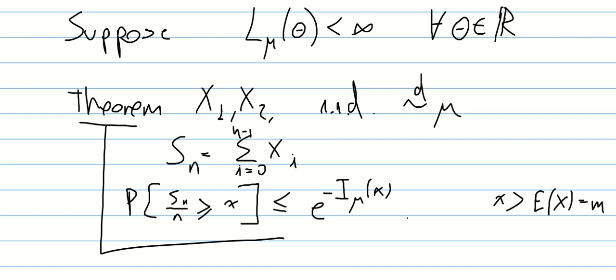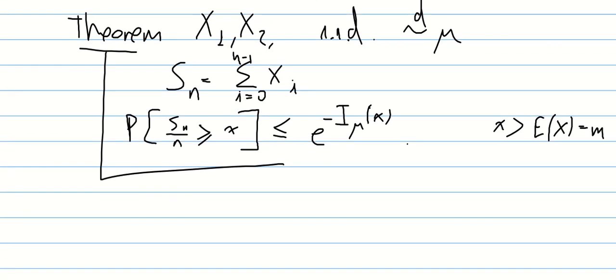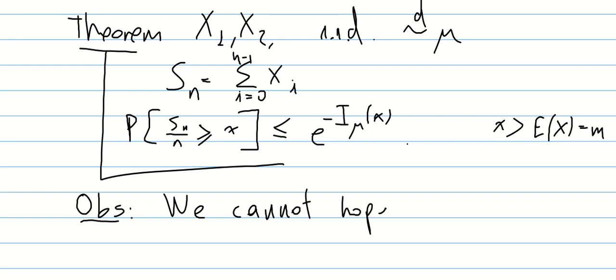Now, as I said, this is an upper bound, and we're not going to look now for lower bounds. Of course, an important observation is that we cannot hope to prove the exact decay.